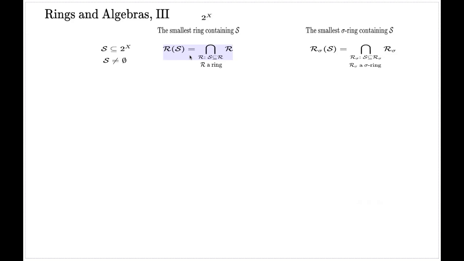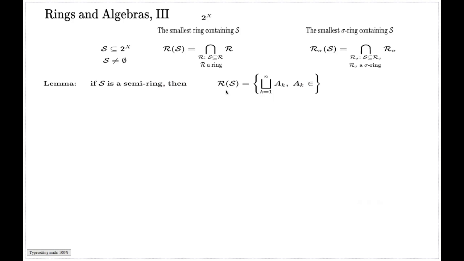However, from the practical point of view, we need some constructive approach to the minimal ring and the minimal sigma ring. In this regard, the following observation is very helpful. In general, of course, you can't say much about these constructs, but if you know that S is not just any collection of subsets but a semi-ring, then the minimal ring containing a semi-ring has precisely this description.